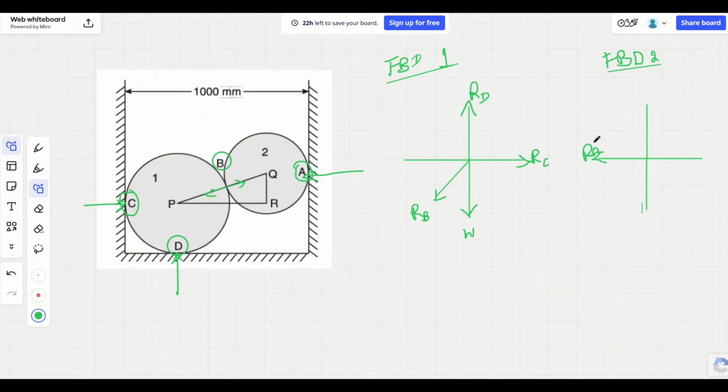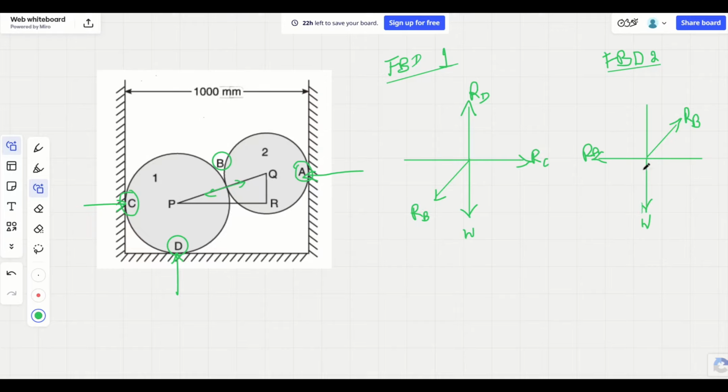Any other forces? This one is moving toward this direction, so it will be RB for sphere 2. And this is W of sphere 2. So this is the free body diagram for sphere 2.